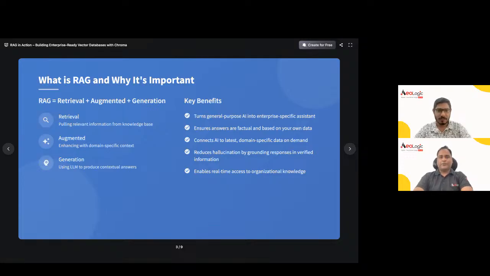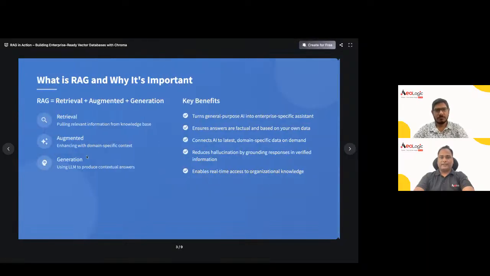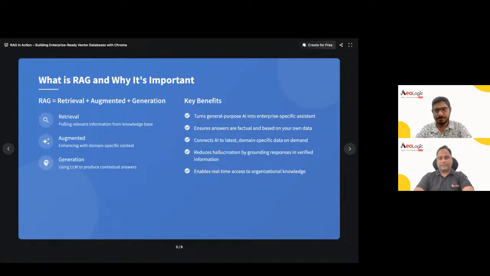Sure. So, as I said, RAG stands for Retrieval Augmented Generation. It's a method of combining two capabilities. First is retrieval, that means pulling relevant information from your company knowledge base or documents. And second is generation, that means using an LLM to generate a contextual answer using that information.